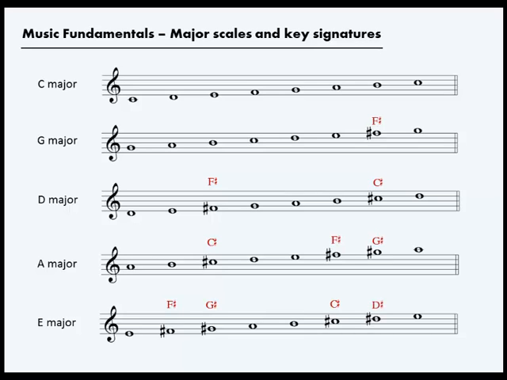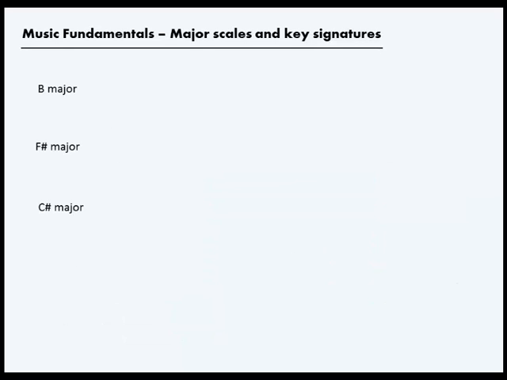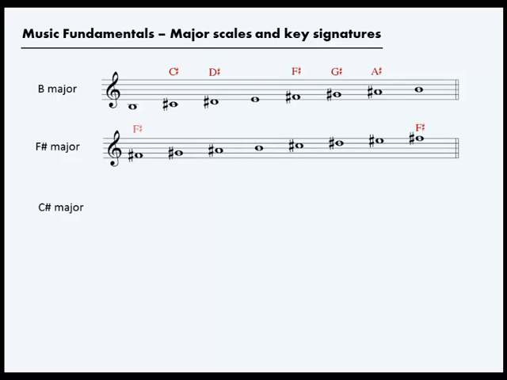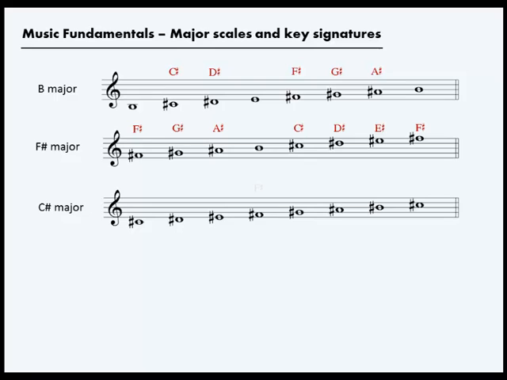If we continue through B major, F sharp major, and C sharp major, the pattern continues, adding the sharps in the order F, C, G, D, A, E, and finally for C sharp major, F, C, G, D, A, E, B.